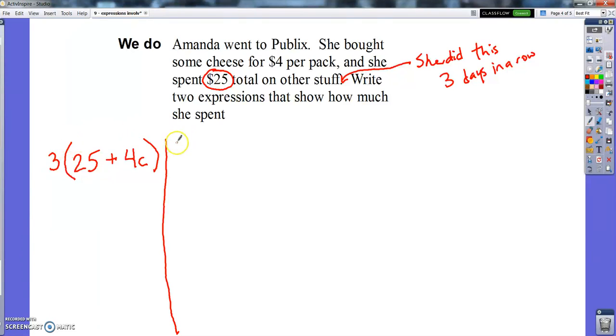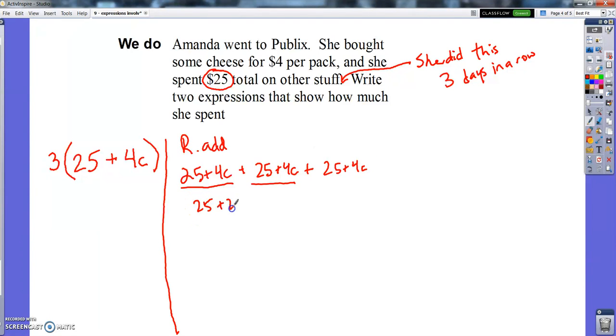So one is I can think of this as repeated addition, and that's going to be 25 plus 4c plus the second day, 25 plus 4c, plus the third day, 25 plus 4c, which I can rearrange to be 25 plus 25 plus 25 plus 4c plus 4c plus 4c, which is 75 plus 4, 8, 12 times however much cheese she bought.